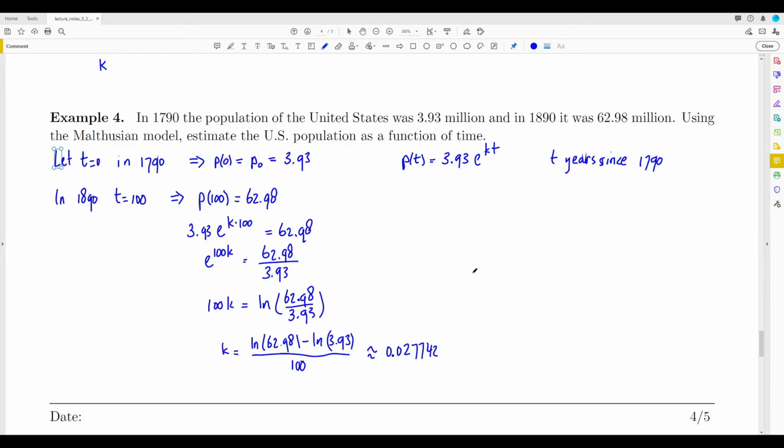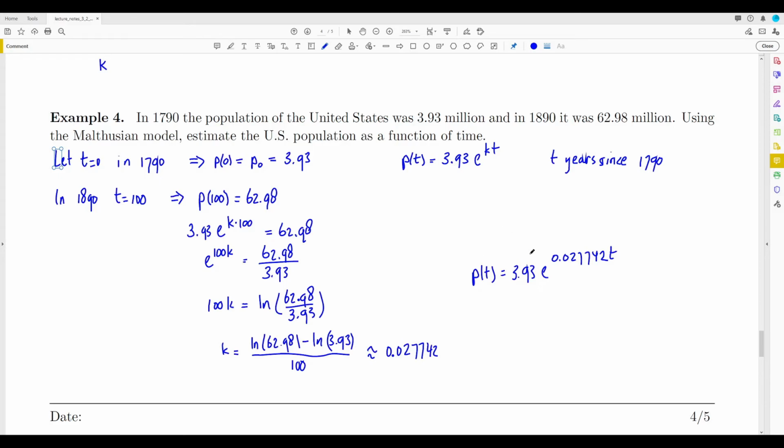And my model now is P of t is 3.93 e to the power, and now I'm going to plug in that value for k, 0.027742 t. That's my model for the US population.